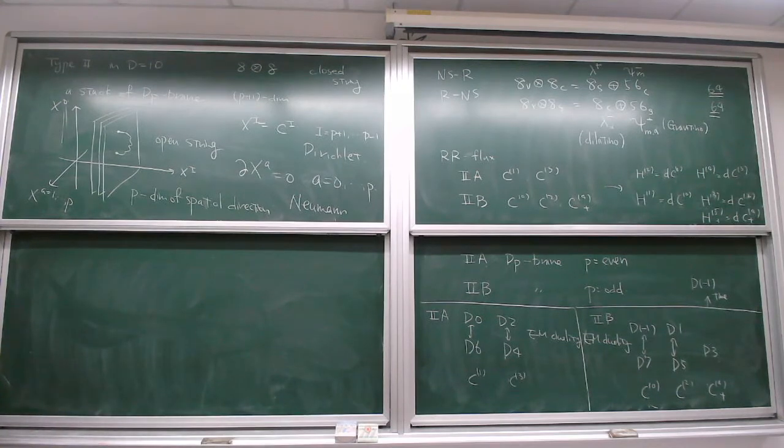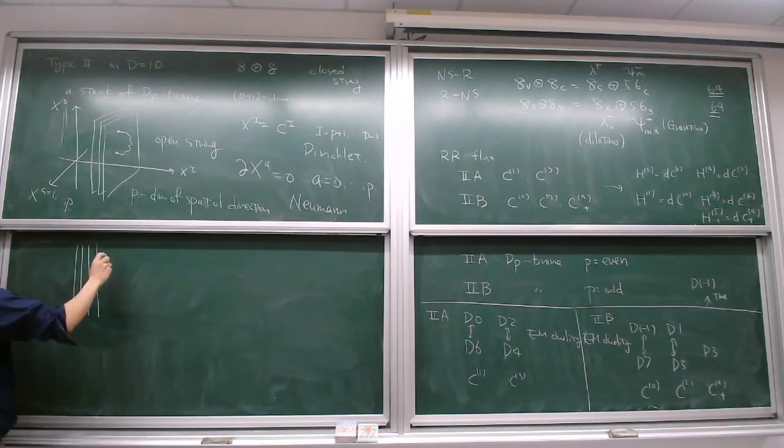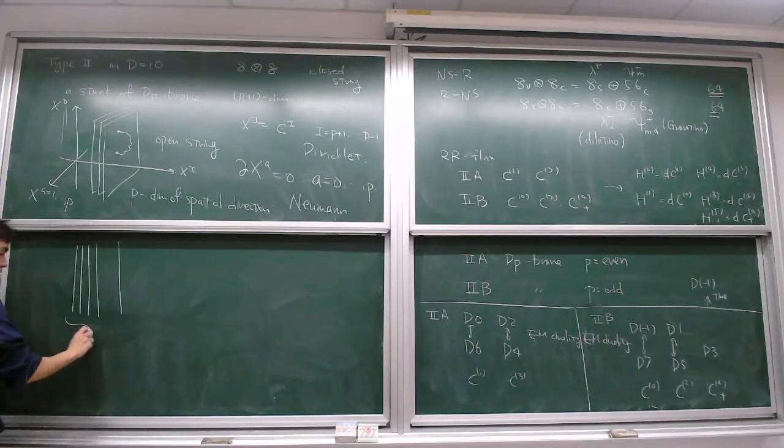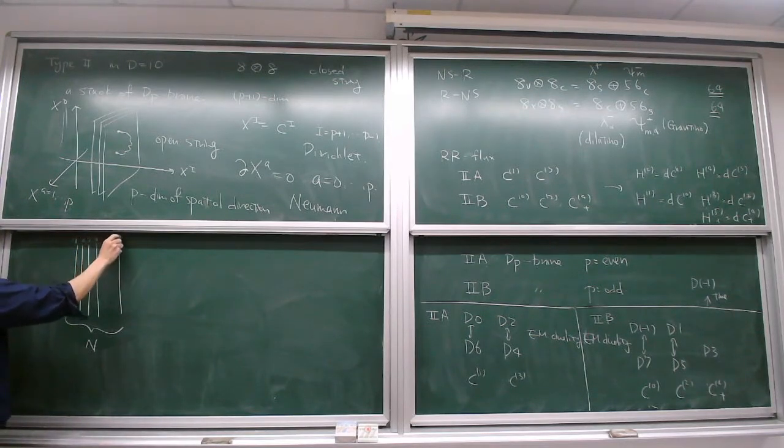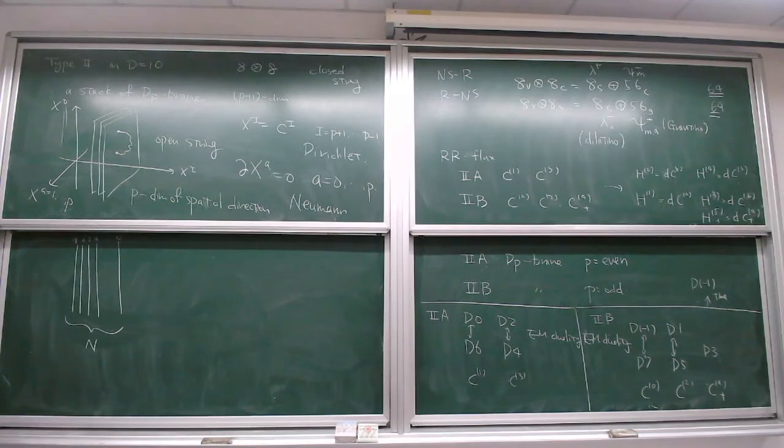If you have a stack of D-branes, so let's say n D-branes, labeled 1, 2, 3, 4, up to n, an open string can end on the same brane, or it can end on some other brane.